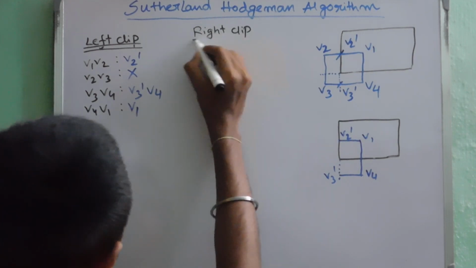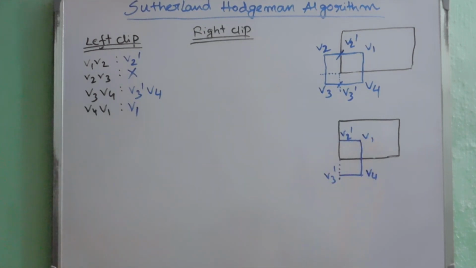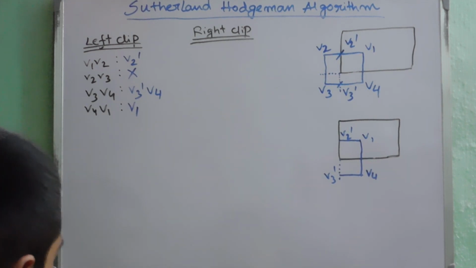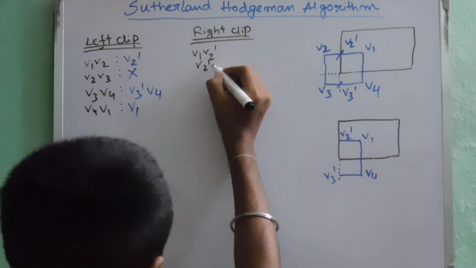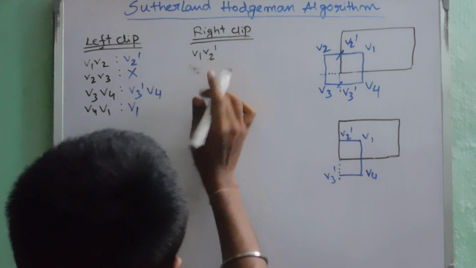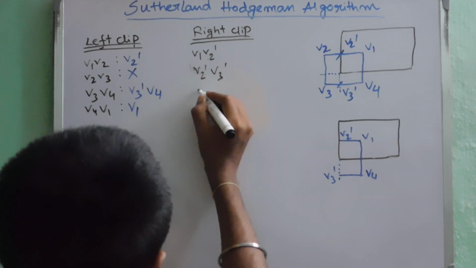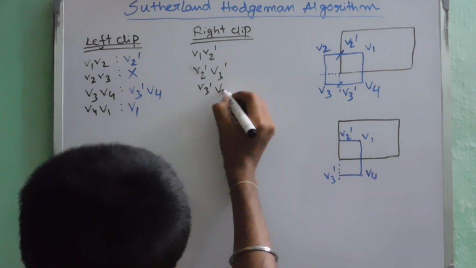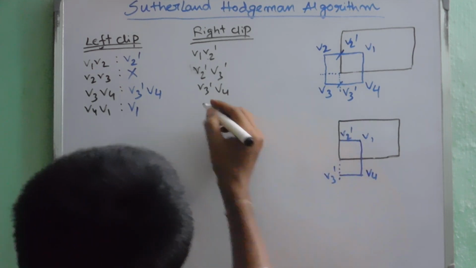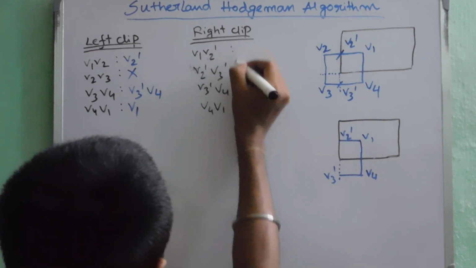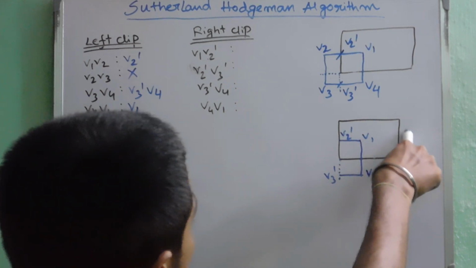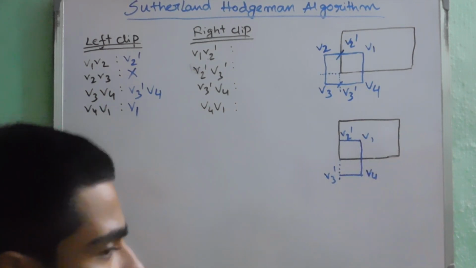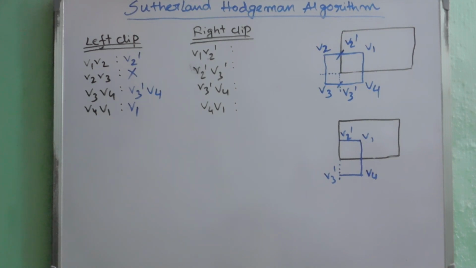Now for the right clip, we will write the updated edges. The first one being V1 V2 dash, then V2 dash V3 dash, then V3 dash V4, and finally V4 V1. As you can see, no edge is outside the right boundary, therefore no edge will be directly rejected.